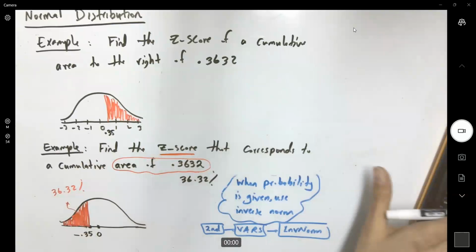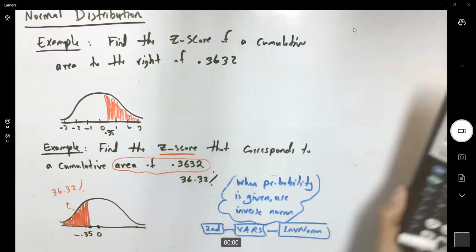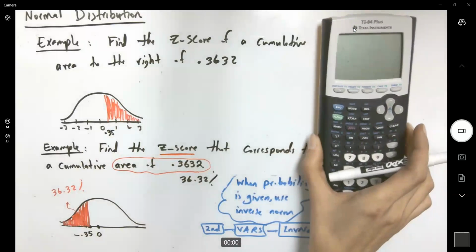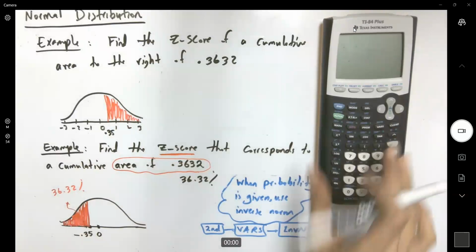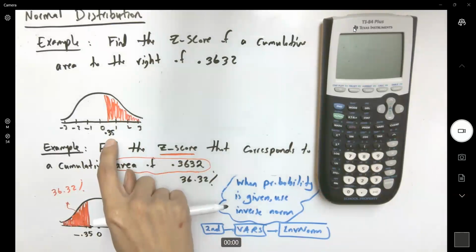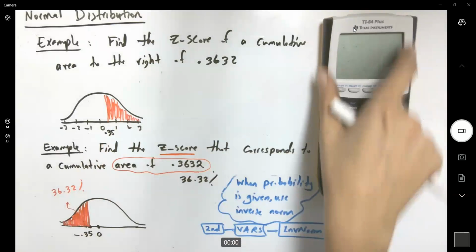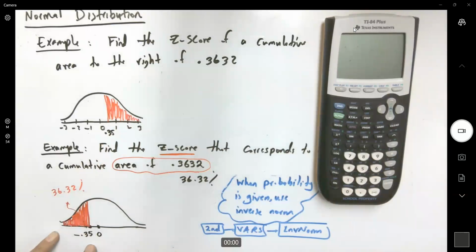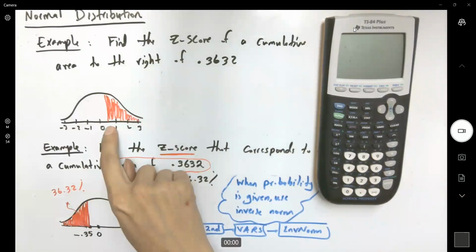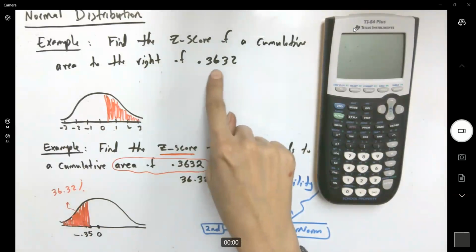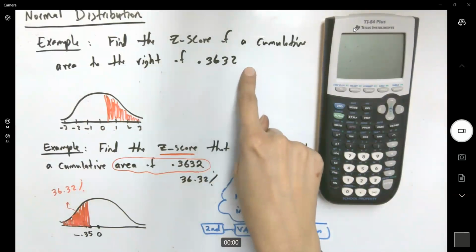Or you can use your calculator. Guys, remember that when you're using your calculator to find the Z-score, calculator only calculates to the left-hand side of the area. To find the right-hand side, we have to do a little bit of calculation. So this is 36.32%.